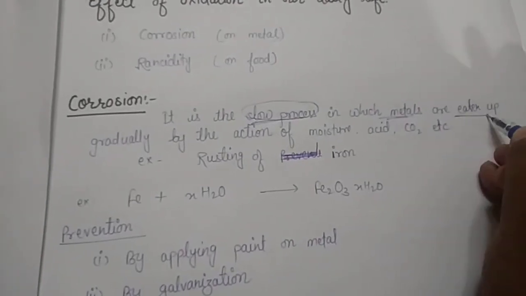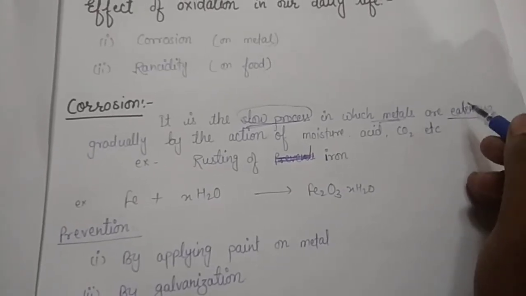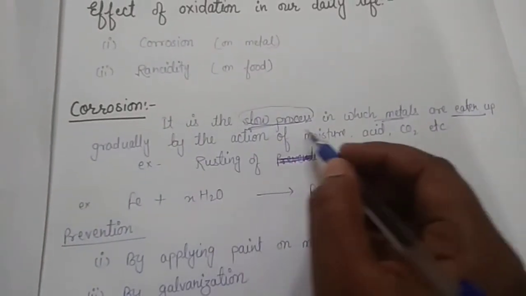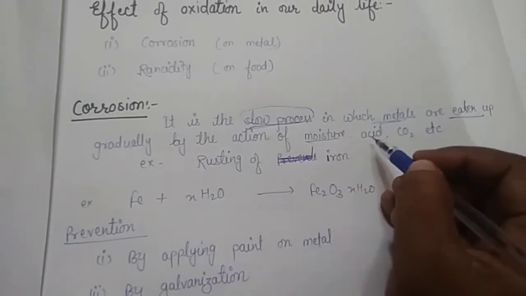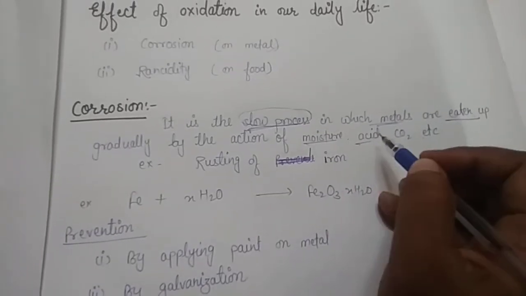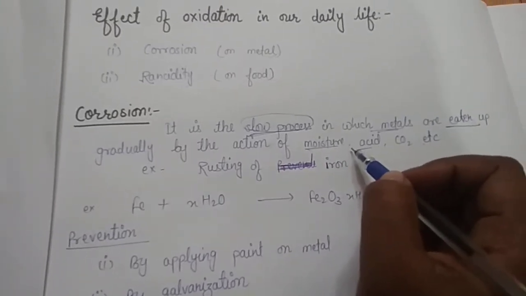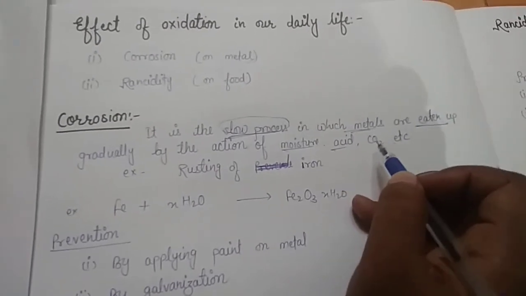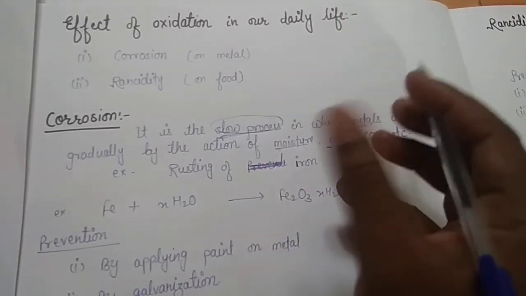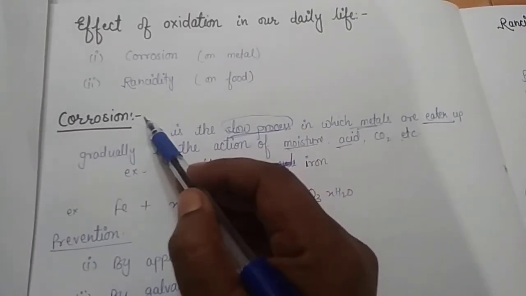The word eaten up means the surface of the metal starts disappearing slowly, gradually, by the action of moisture, that is water, acid, carbon dioxide, etc. We all know very well that acids, bases and moisture are present in the atmosphere. When these affect any metal, the surface of the metal starts disappearing and corrosion has taken place.